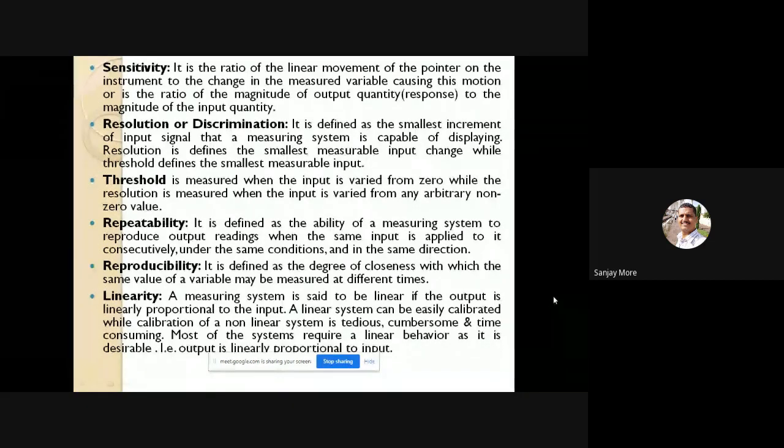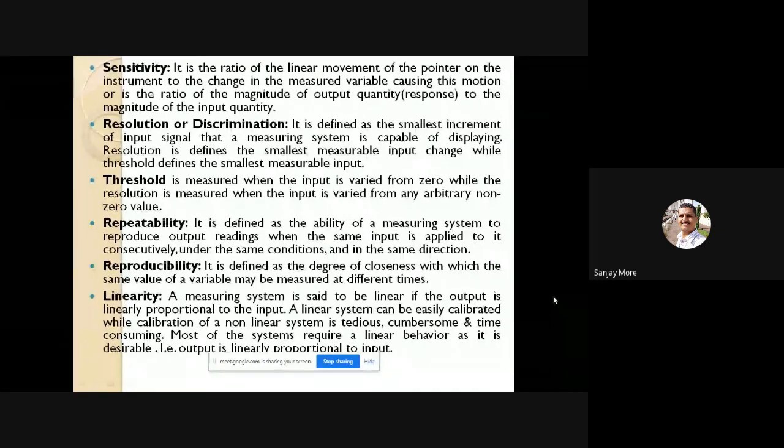Otherwise, it is the ratio of linear movement of the pointer on the instrument to the change in the measured variable causing the motion, or the ratio of the magnitude of the output quantity, meaning the response, to the magnitude of the input quantity.